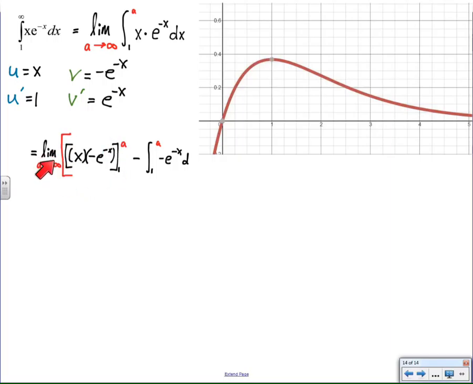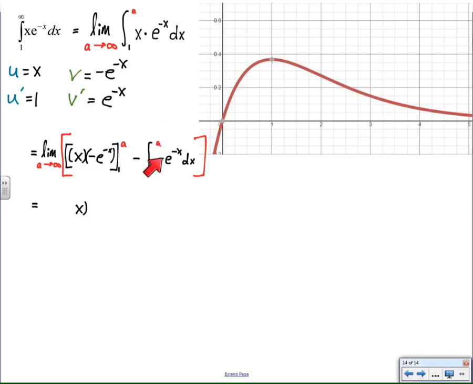So here I took the limit as a approaches infinity of all this stuff with the boundaries, and then I continue to subtract the integral from 1 to a of v prime, or sorry, v times u prime. That's something that is easy enough to integrate.